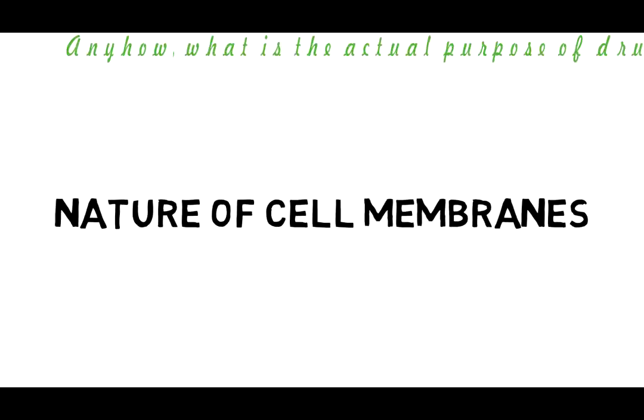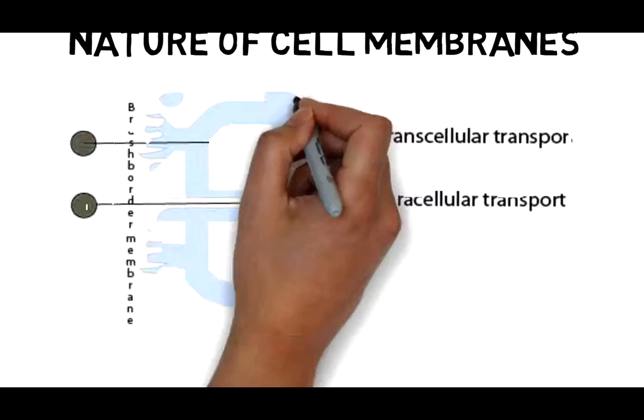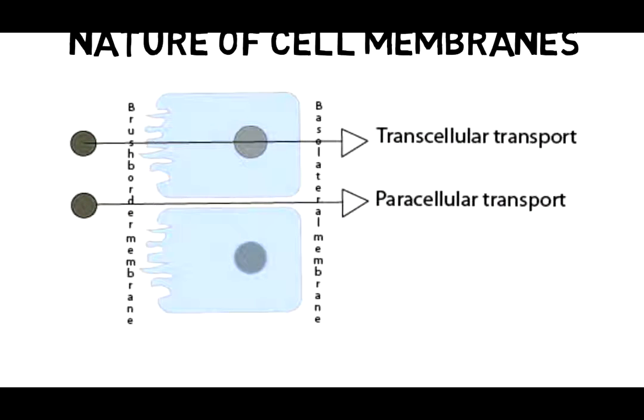Those are cell membranes. For example, in the intestine, the drug should be taken up from the intestine, and from the intestine it should pass to the systemic circulation. So the cell membrane acts as a barrier for drug absorption.